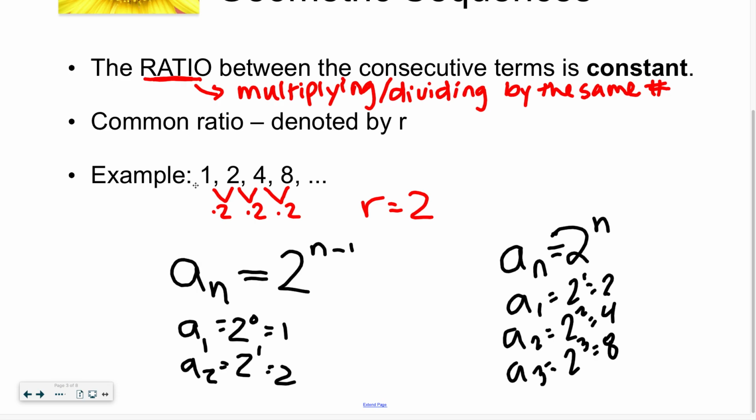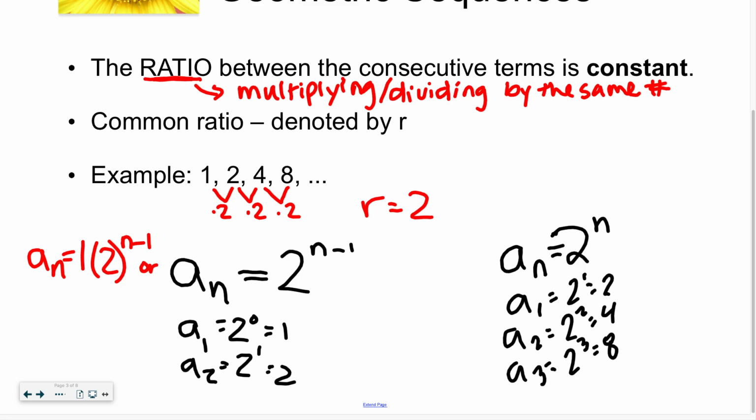Does she really have a sub 1 times r to the n minus 1? Yeah, technically there's a 1 out front right here. Does she have to write that 1 times 2 to the n minus 1? No, because we know the identity rule, and we don't necessarily have to write it.